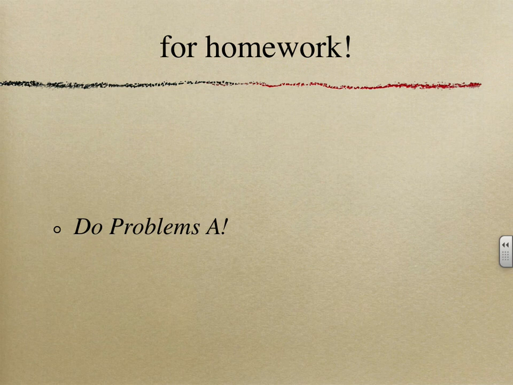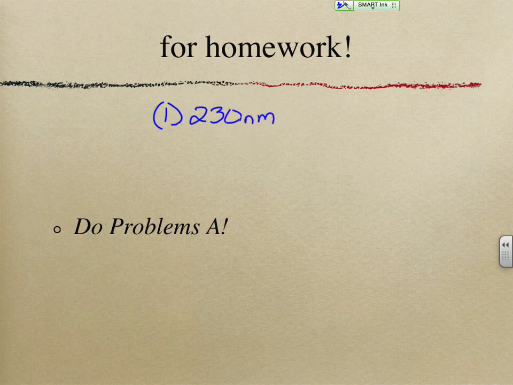The first section says convert this into its base unit. The first one said what, 230 nanometers? If I'm doing a base unit, then the prefix goes away, so I'm going straight to meters. Nano was -9, and if I've got nothing here, then I have nothing over the top.